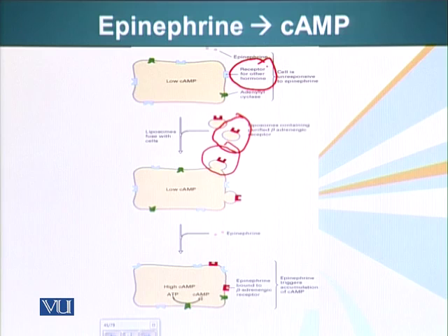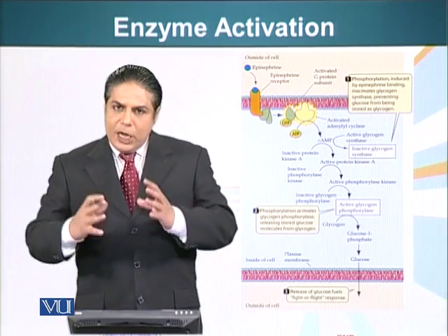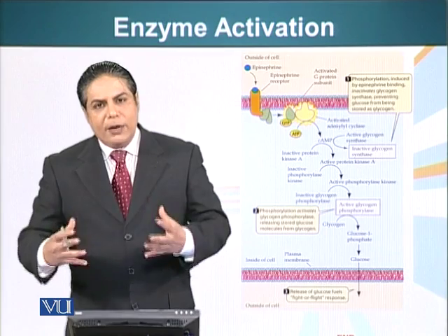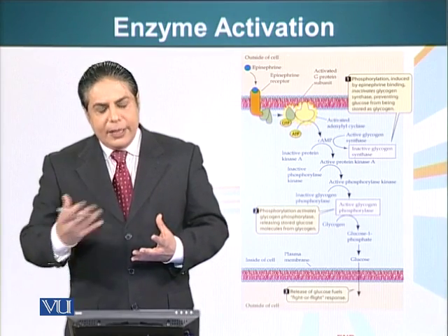Now once we attach epinephrine to it, we can measure the amount of cyclic AMP, and we can see the cell is now producing cyclic AMP. This experiment suggests that the epinephrine receptor interaction results in activation of adenylyl cyclase, which produces cyclic AMP. We will see how cyclic AMP mediates its effects in the cell in the next module.